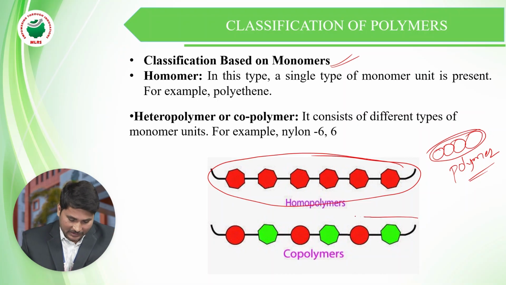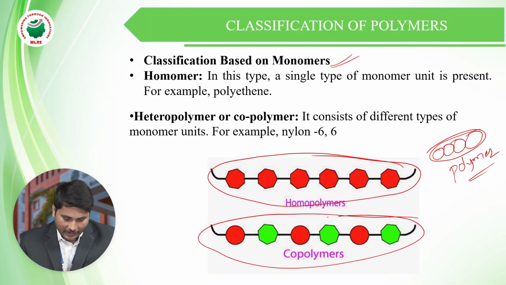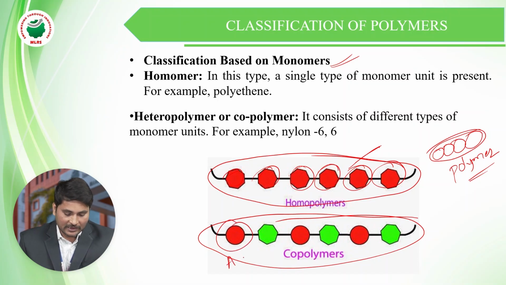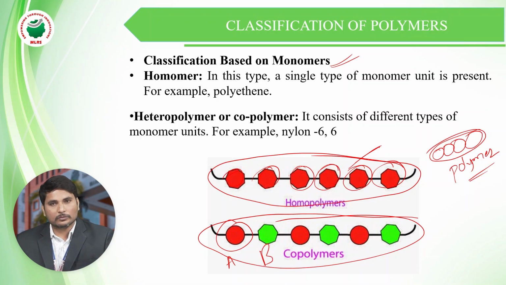To understand that, this diagram will help you. You can see in this, it is a homopolymer. All the same monomers are present in the carbon backbone chain of the polymer. But if you see the copolymer, for example it has an A type and a B type, meaning we have more than one different type of monomers.